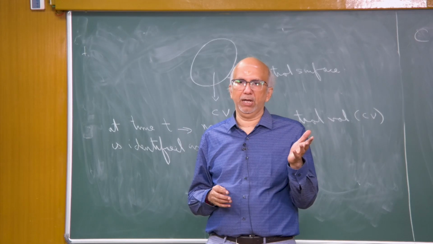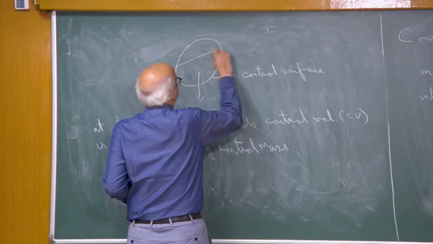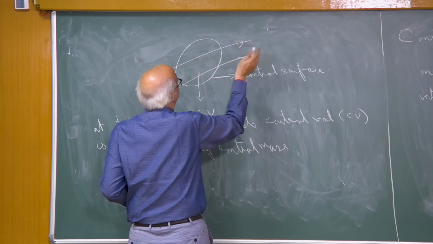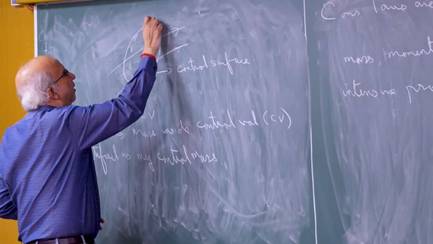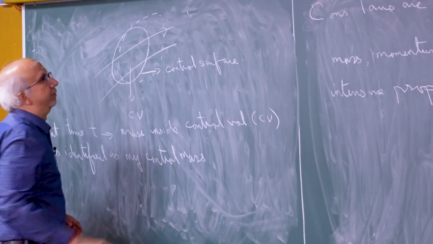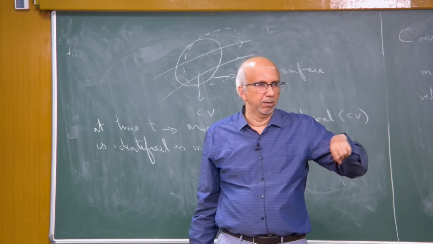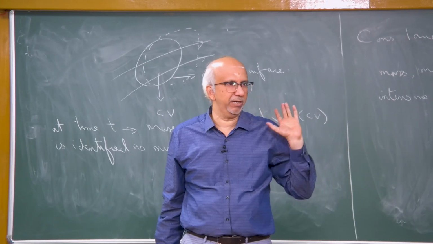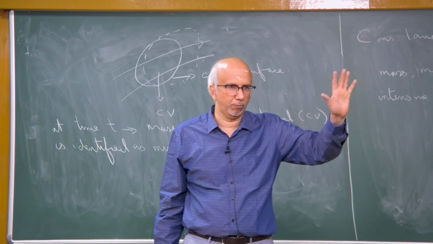Because of the flow, what is going to happen? Let us say the flow is like this, that is my flow direction. The molecules inside are going to move out, right. So the molecules now are going to occupy the dashed region, okay, the portion occupied by the dashed. Why is it dashed? Because there is flow in your system. We are talking about flow problems, right.